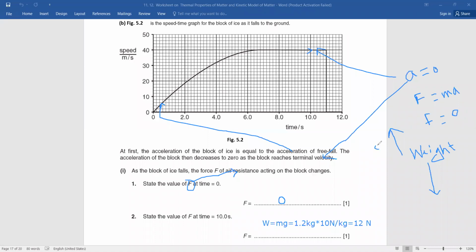This is air resistance. Take these notes, everyone. Yes, sir. And both these forces are equal and opposite. So according to Newton's first law, the object will be in constant speed, or terminal velocity, right? So at time 10, air resistance is equal to weight.